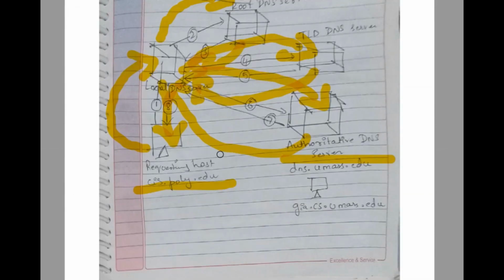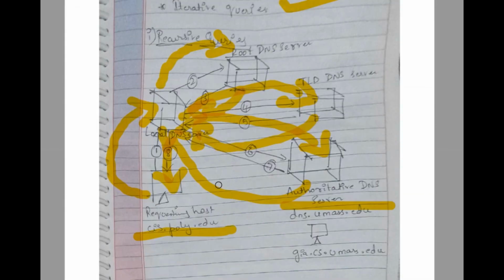So both diagrams are similar. In both, we want the IP address for a host name. The query is sent to the local DNS, and the local DNS sends it to the root DNS. The root doesn't have it, so it sends the IP address of a TLD server. The local DNS sends a query to the TLD server. It also doesn't have the IP address, so it sends back the IP address of the authoritative server.